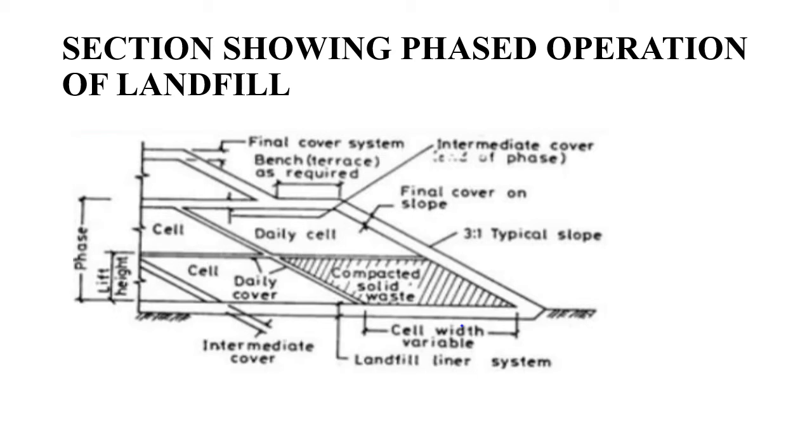You divide the entire landfill area into sub areas or phases, and you start the act of filling in one particular sub area. Imagine this as one particular sub area. The landfill liner system is already laid across the entire area.